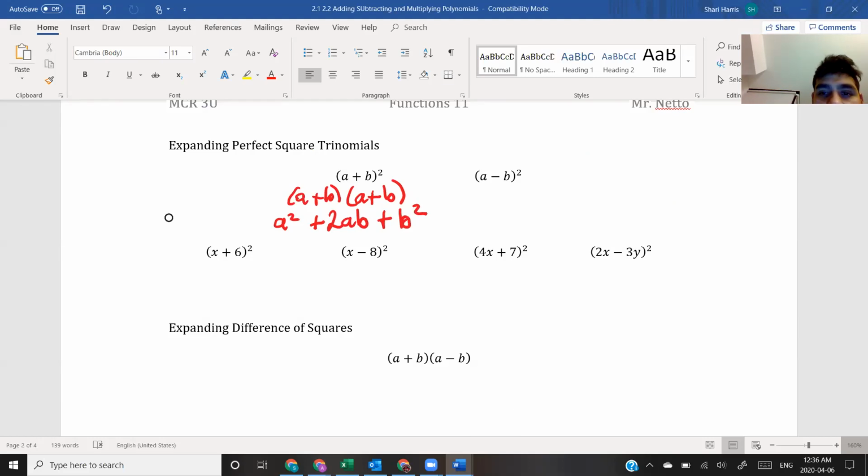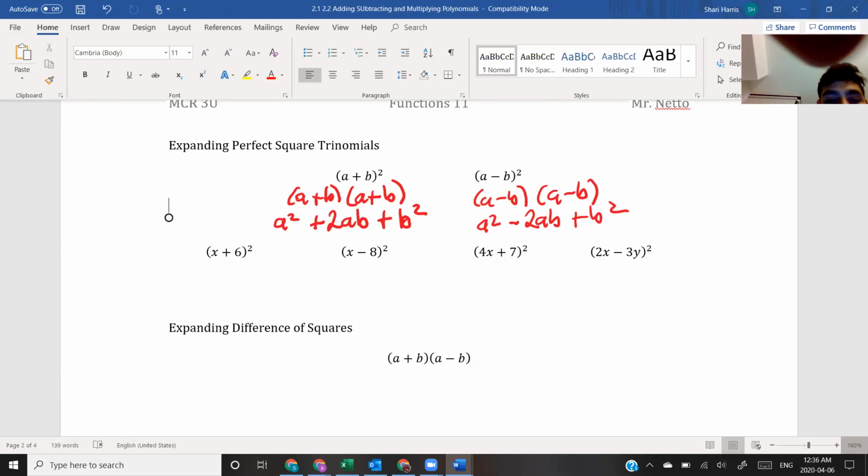And then for this one, we'd have a minus b. That's what a minus b squared means. So we'd have a squared minus 2ab plus b squared. So that's just a little trick we could do.